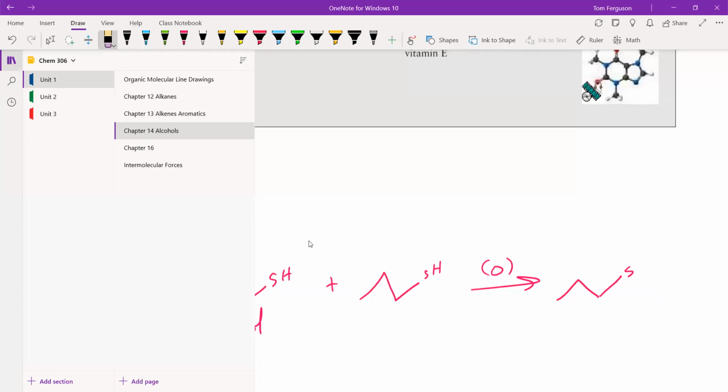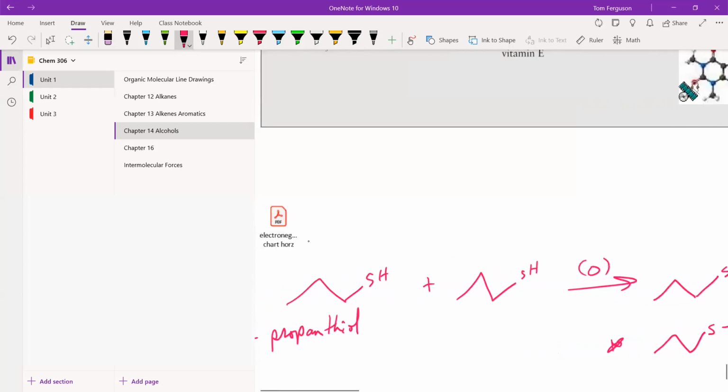Oops, why not? I'm sorry. I was treating it like an ether. The way to do it would be to do it like that. This is probably the one that is easier to visualize.